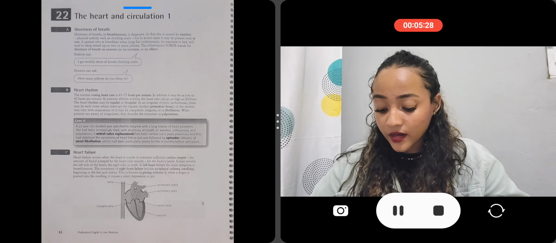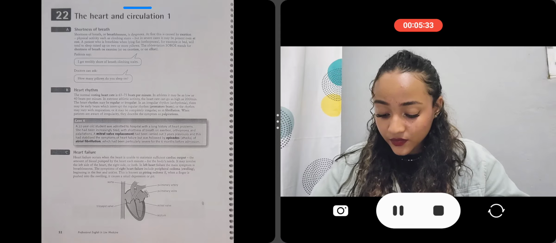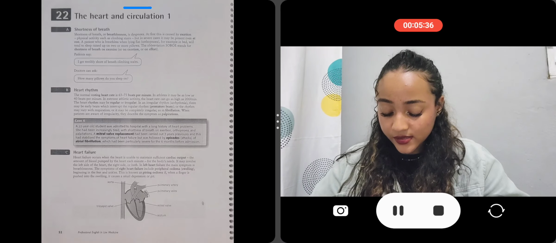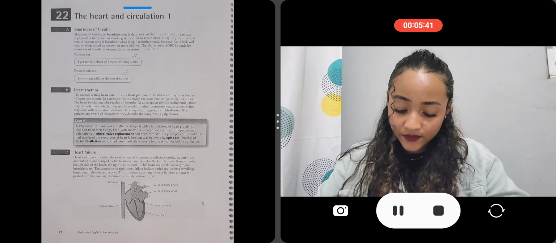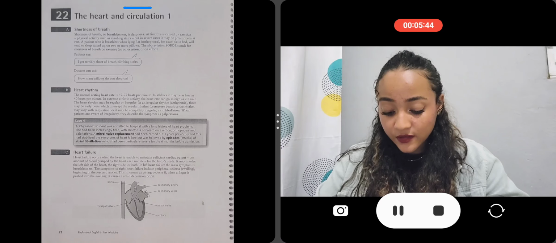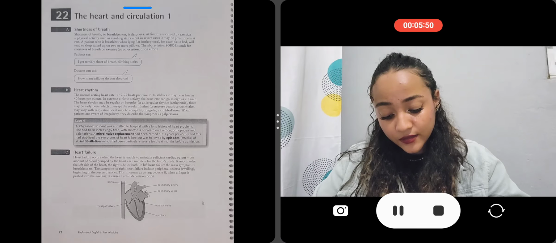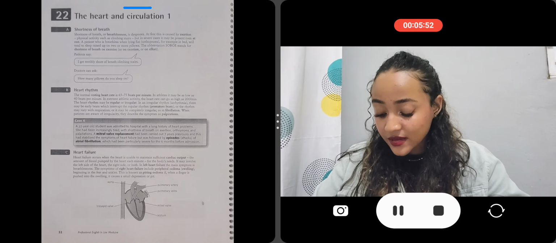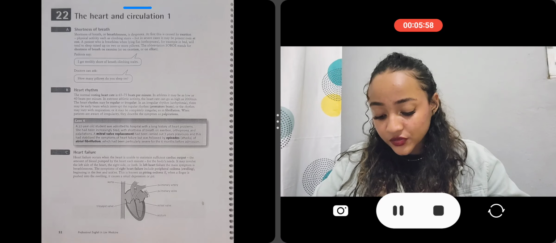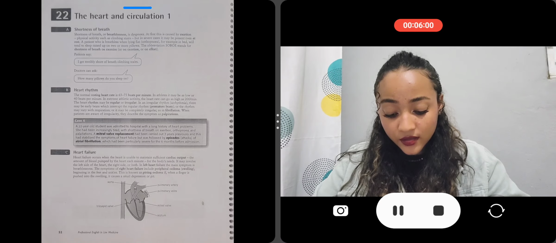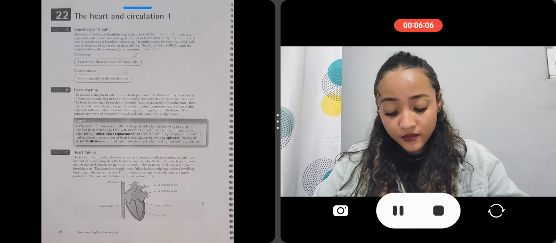B. Heart rhythms. The normal resting heart rate is 65 to 75 beats per minute. In athletes, it may be as low as 40 beats per minute. In extreme athletic activity, the heart rate can go as high as 200 per minute.